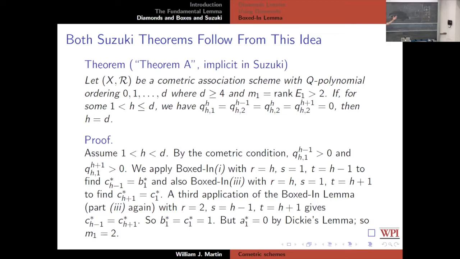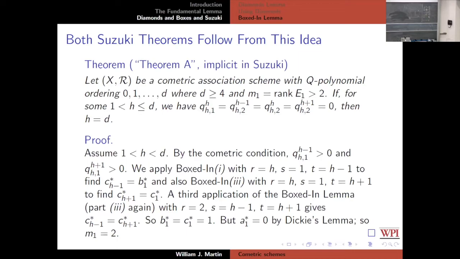And now we've used the fact that the S column of LR star is equal to the R column of LS star. And there's another application of this that I won't write down, that CH minus 1 star is equal to CH plus 1 star. One of them is equal to B1 star, the other one is equal to C1 star.